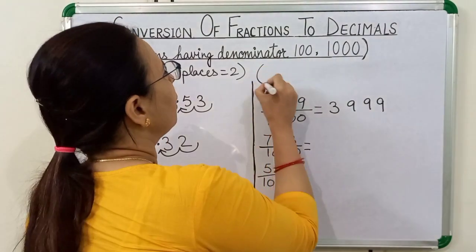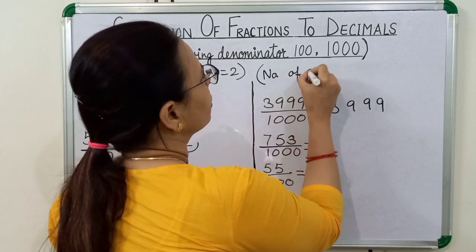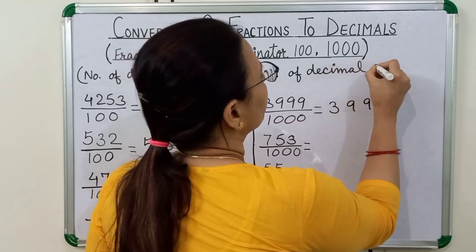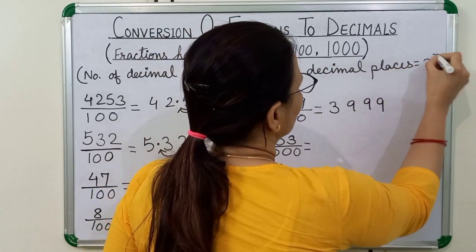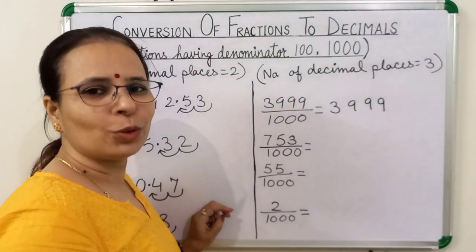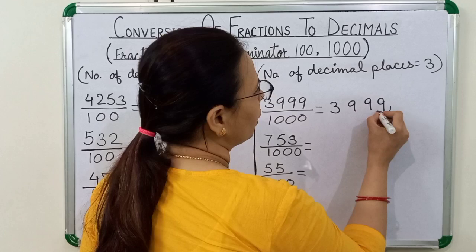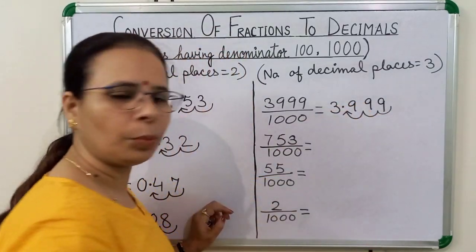This means number of decimal places is equal to 3. So we will count 3 places to the left and put decimal point. 1, 2, 3. Here we will put decimal point.